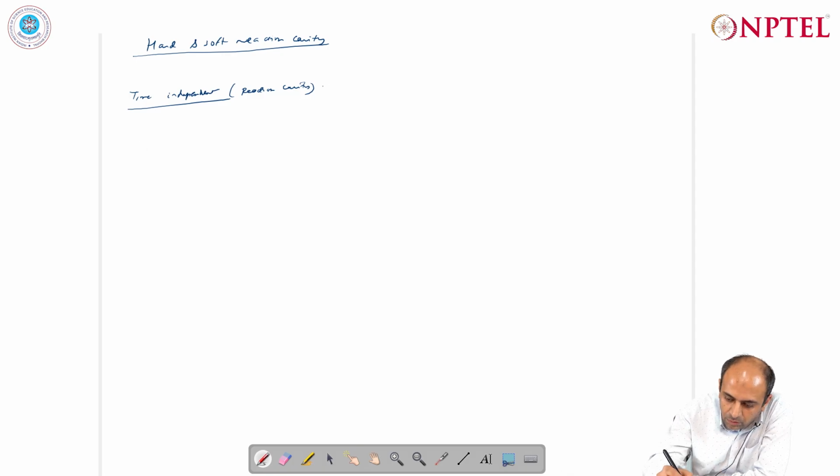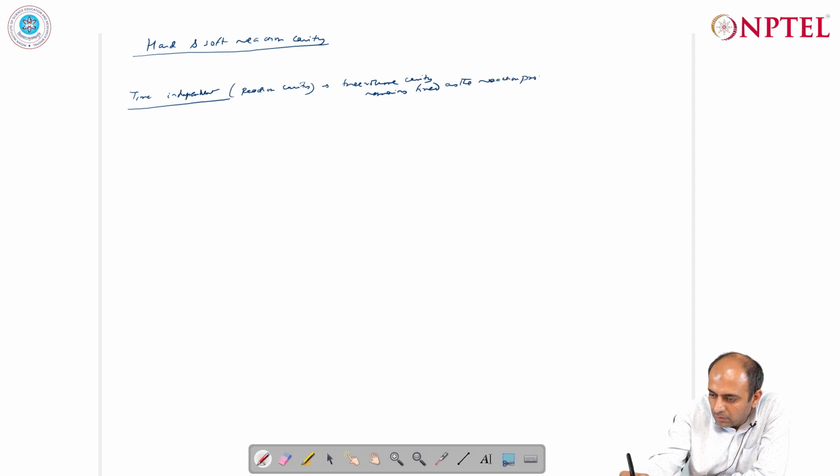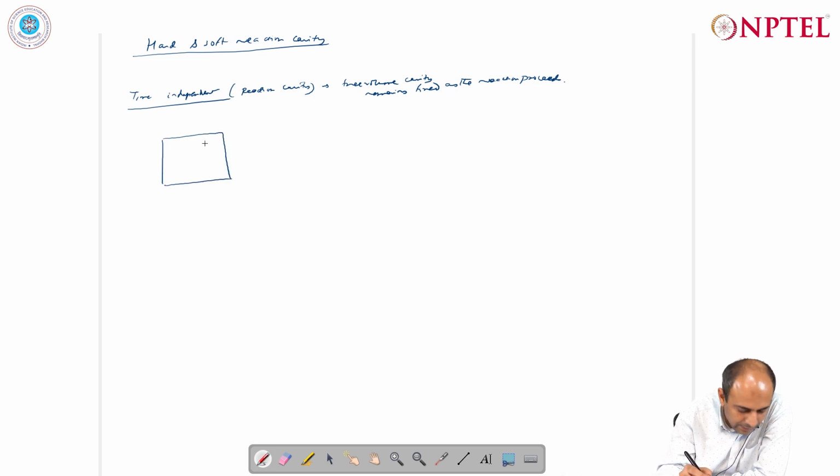So the free volume cavity remains fixed as the reaction proceeds. For example, this is the reaction cavity and this is my reactant, and this is the available cavity free volume.